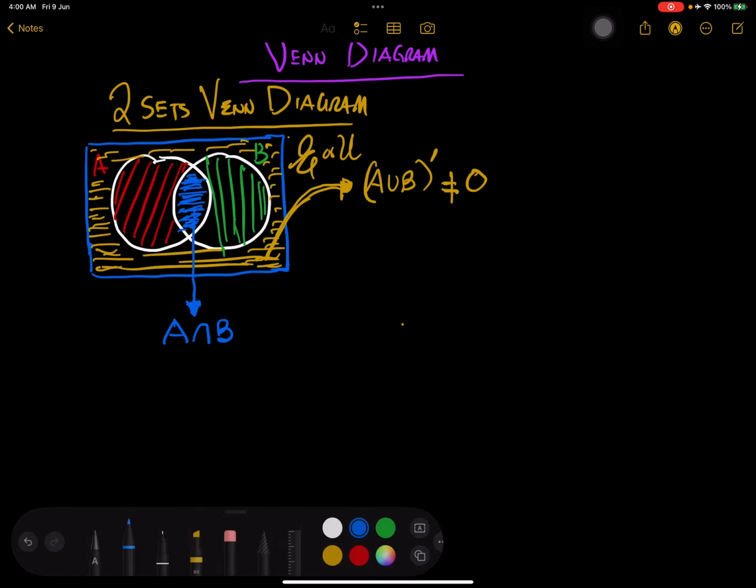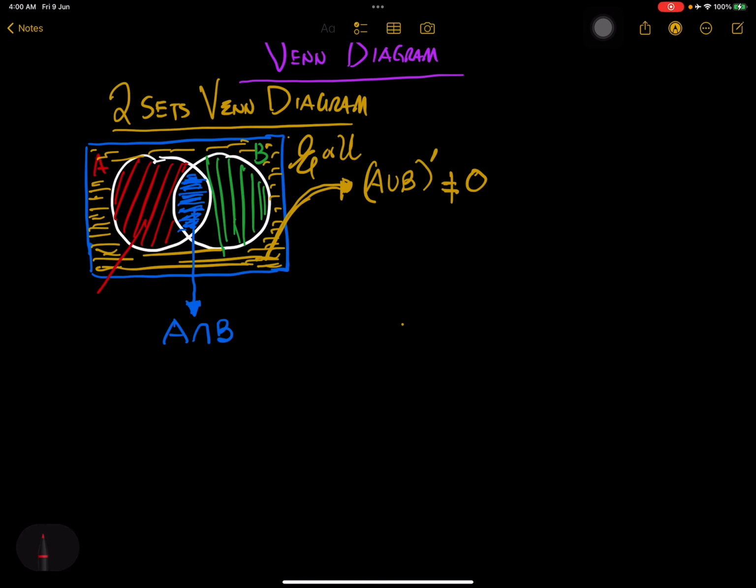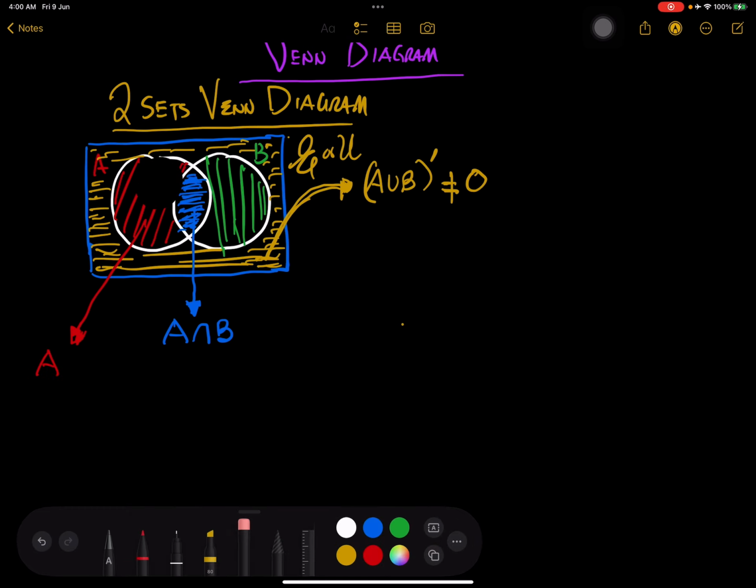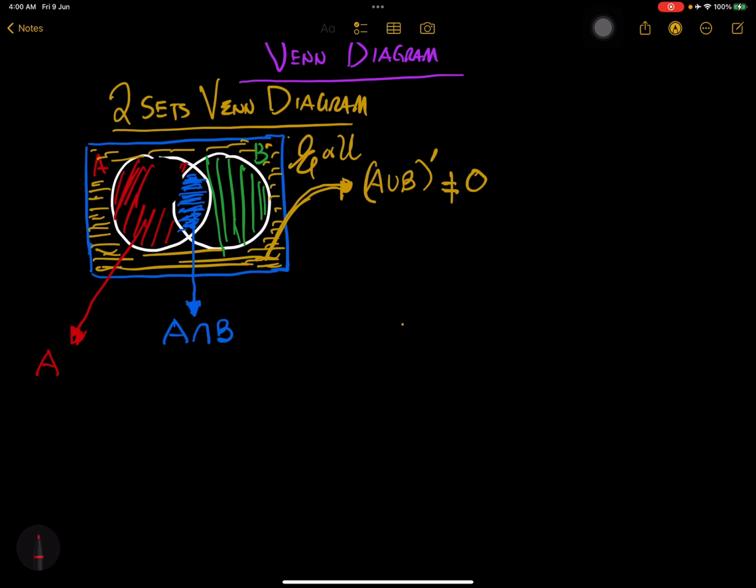Now, if we look at the red color here, it means that you have A. This area, you can tell, is in the ring A, and not in the intersection and not in B, right?